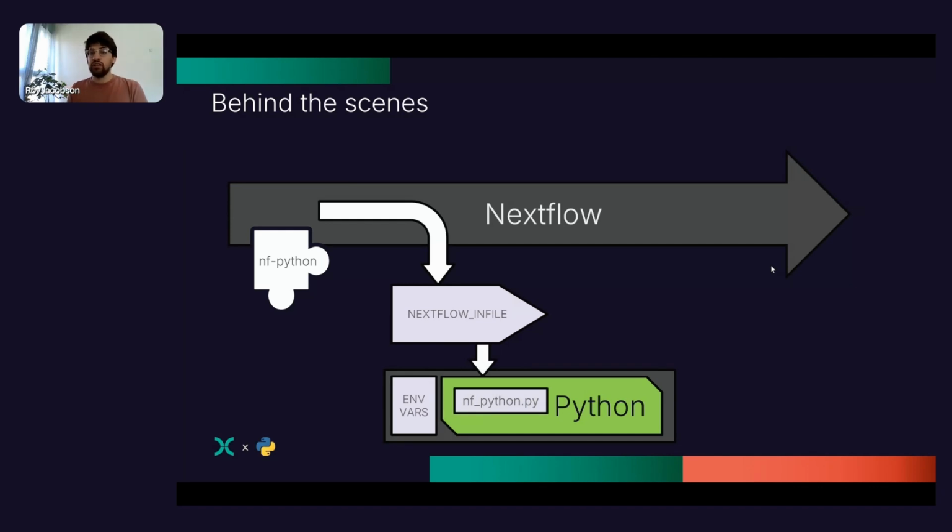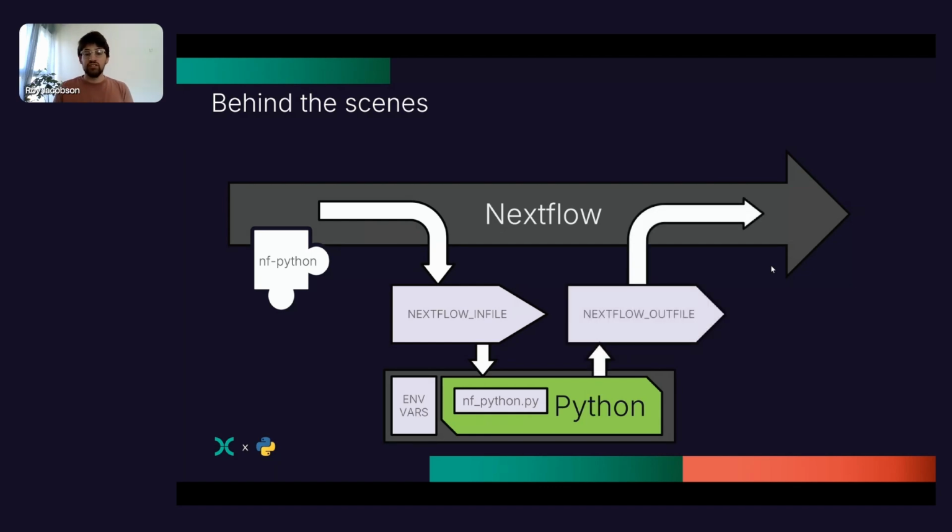So the plugin already includes the Python part that gives you the interface to communicate with Nextflow, and Python finds it because it's inside the Python path when NFPython invokes Python, the process. Then the code inside nfpython.py is responsible for deserializing Nextflow in file into Pythonic objects and serializing the output back into Nextflow out file.